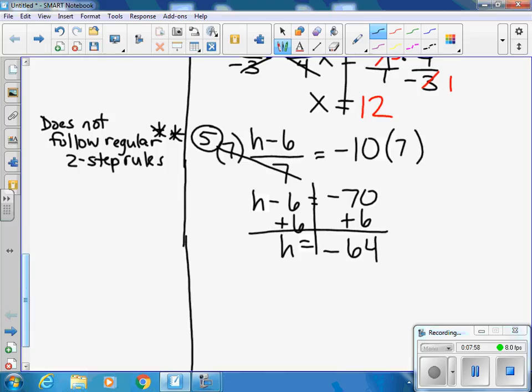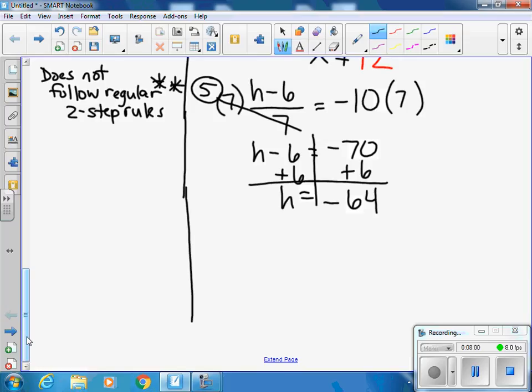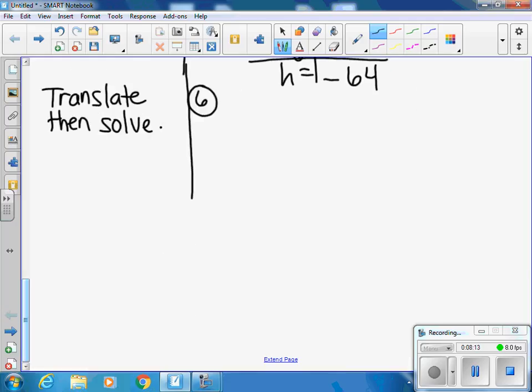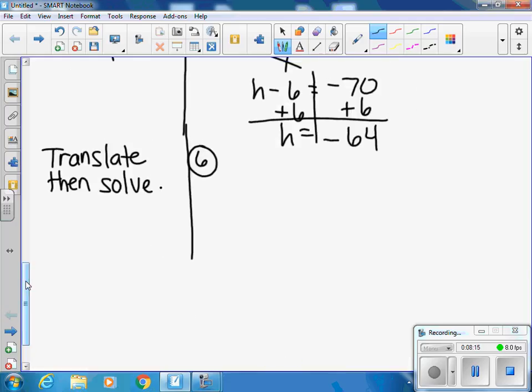Right, now the last example I'm going to show you pertaining to two steps, right, is going to involve translating. So your directions are going to be to first translate the problem, then solve it. So it will start off in words, and then you will make it into an equation, and then you will solve it just like we were doing. All right, so here's the words.